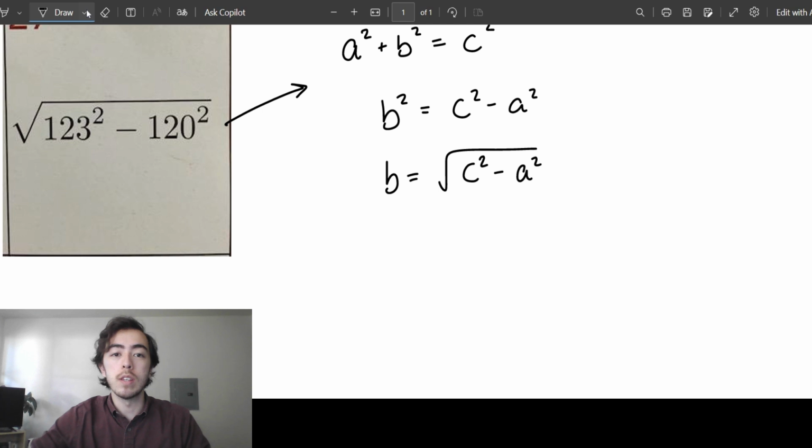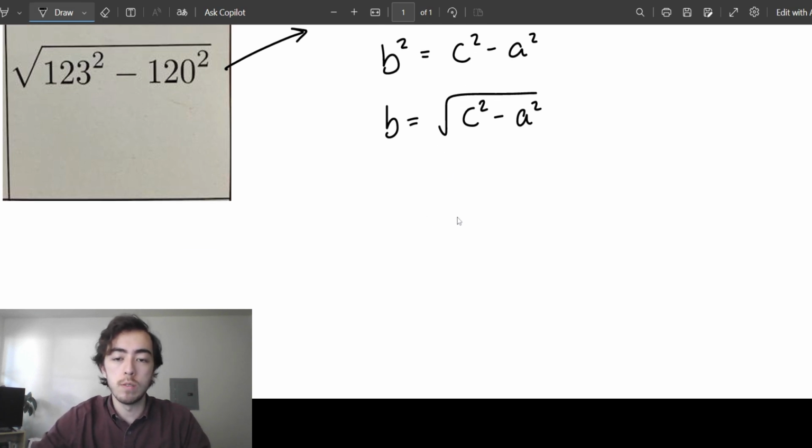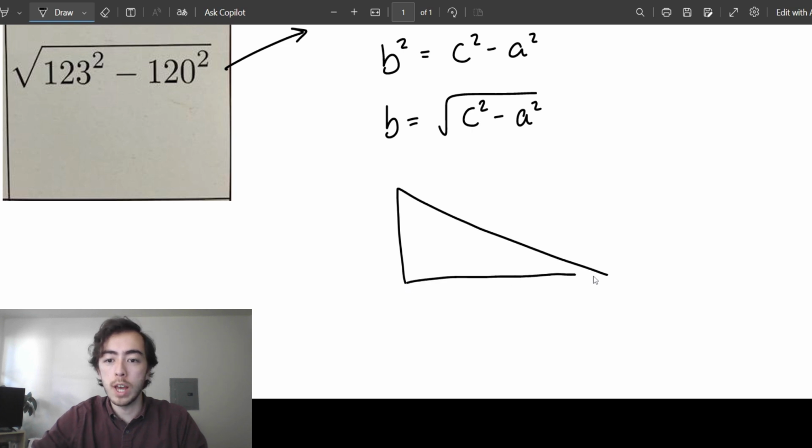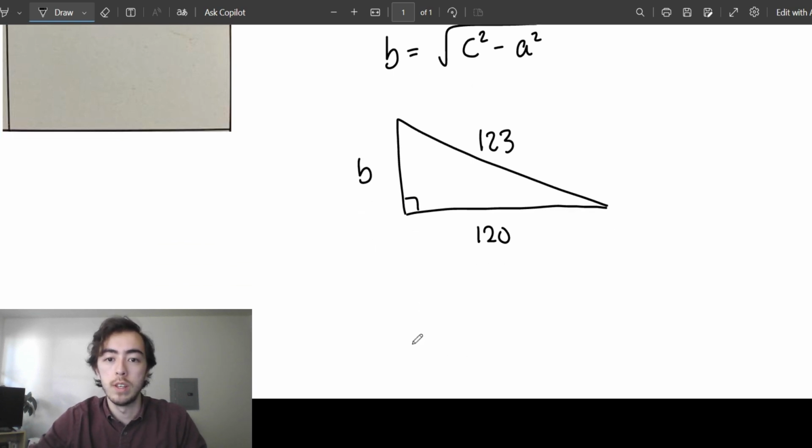Using these numbers, it's possible that we could draw a right triangle whose hypotenuse is 123 and whose leg is 120. And we would just be solving for this last one right here.